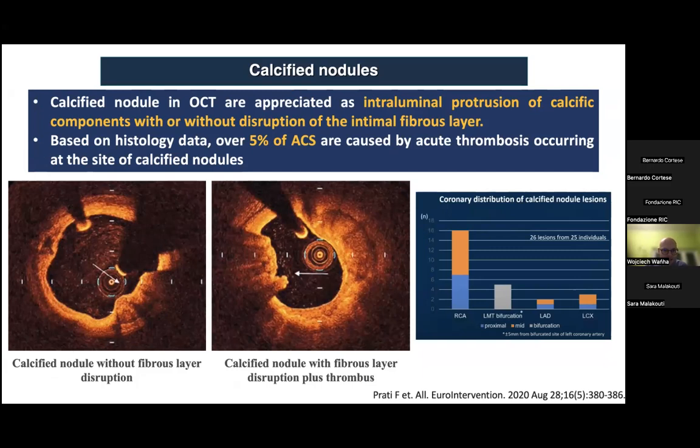And besides, in the histology data, usually they are located in the right coronary artery. In the left part of the slide, you see a calcified nodule without a fibrous layer disruption. However, in the right part, you see a calcified nodule with fibrous layer disruption plus thrombus.